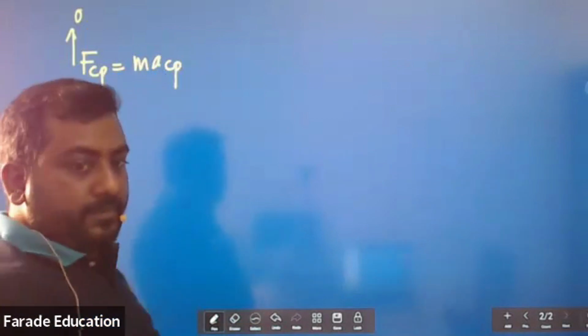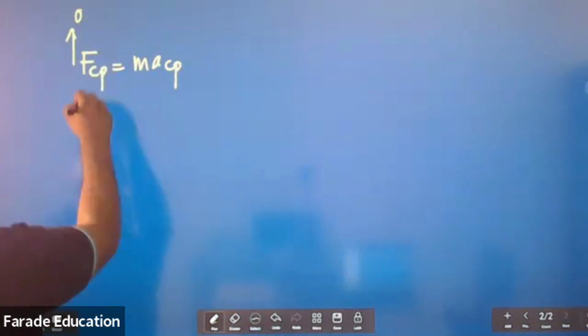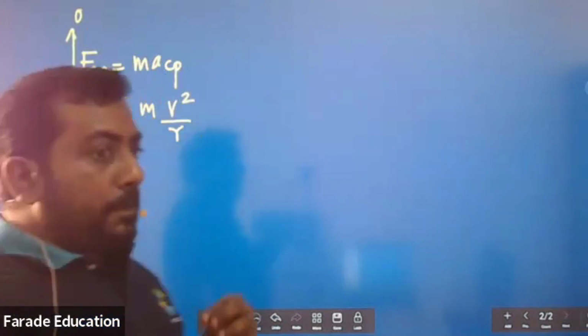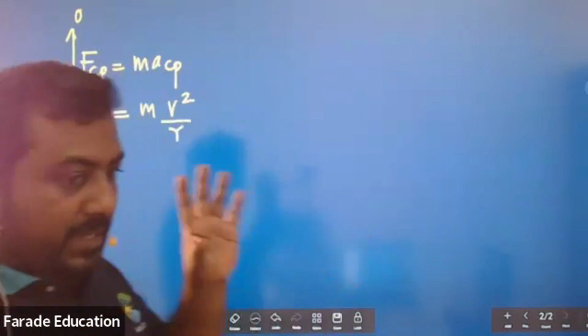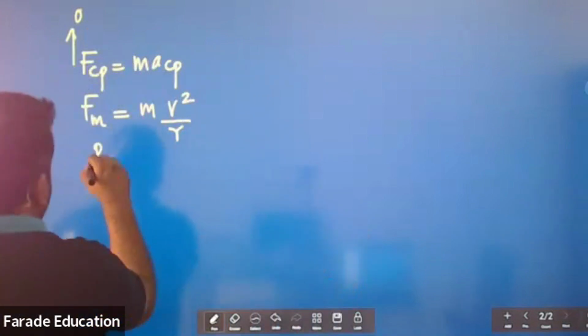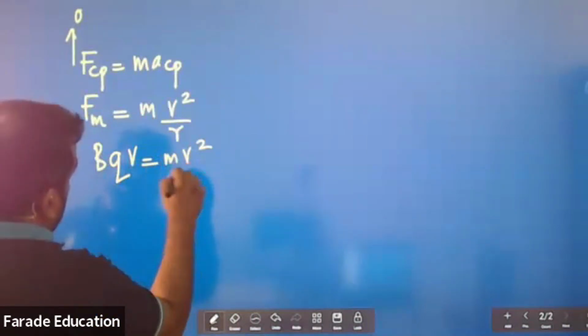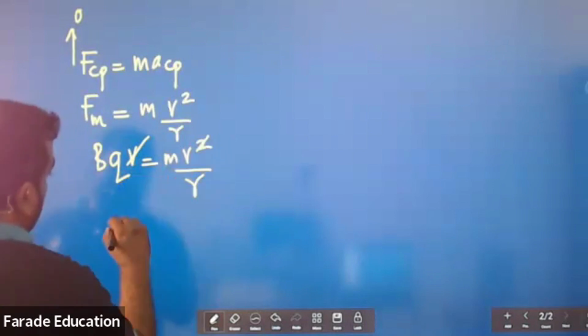The centripetal force is given by the magnetic force. Centripetal acceleration is V squared over R, and the magnetic force is given by the equation BQV. So BQV equals mV squared over R. V cancels off. Radius is equal to mV over BQ.